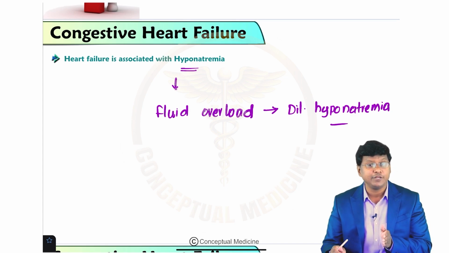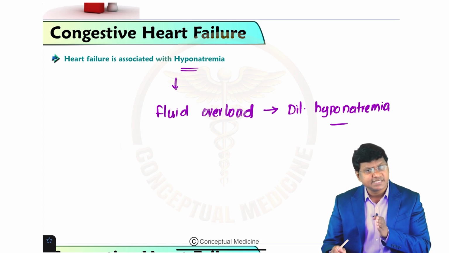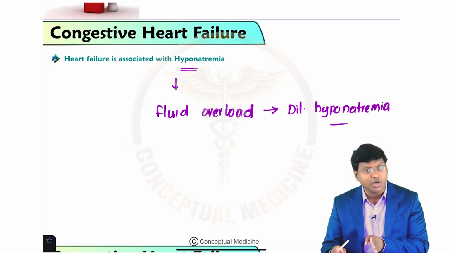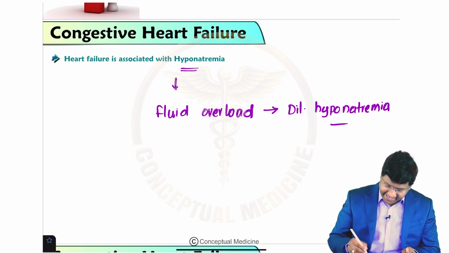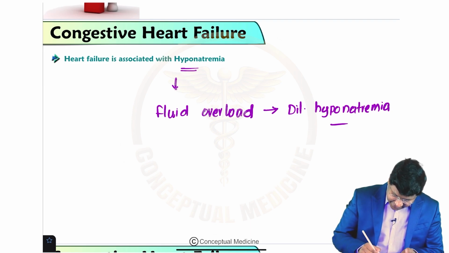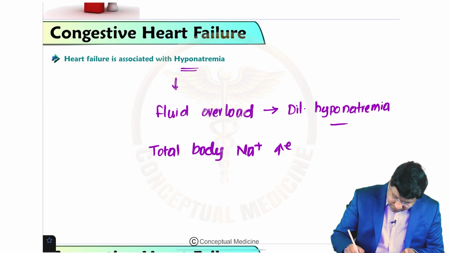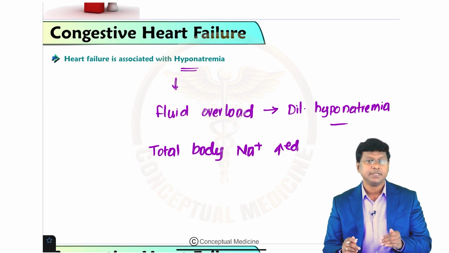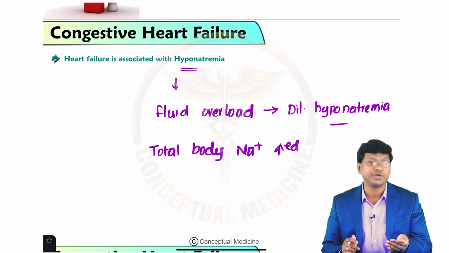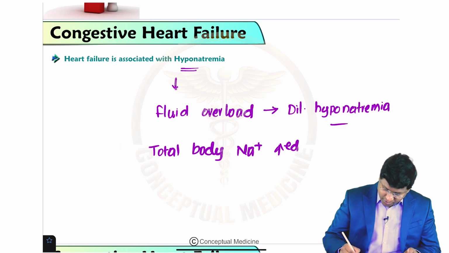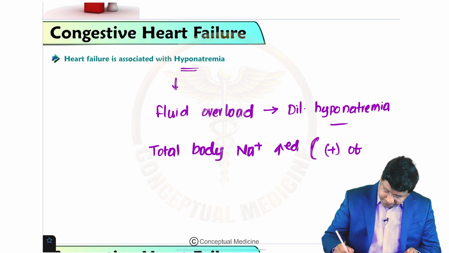In heart failure, the total body sodium remains normal, or in fact, the total body sodium is increased. But why is the total body sodium increased? That is because of the activation of RAS.